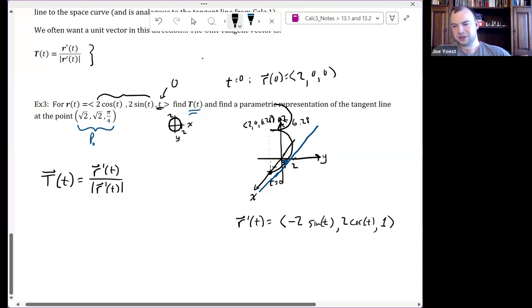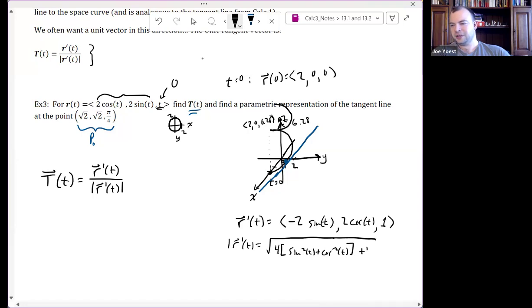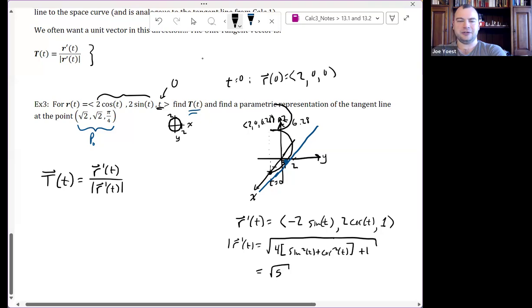And then what's length r prime? Well, I get the square root of 4 sine squared t plus 4 cos squared of t plus 1, or just 4 times 1 plus 1 under the square root, which is square root of 5.